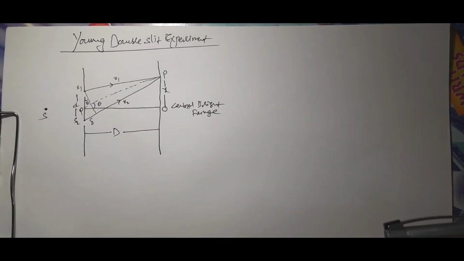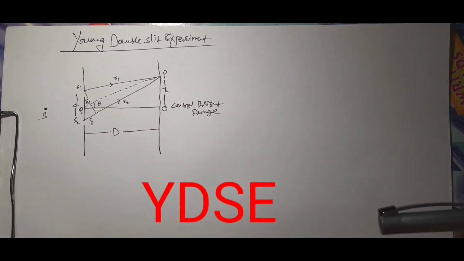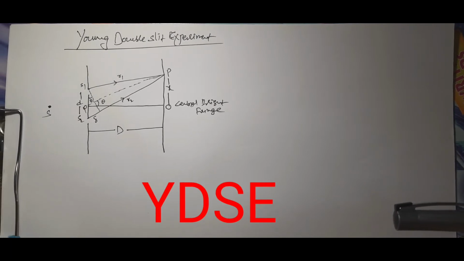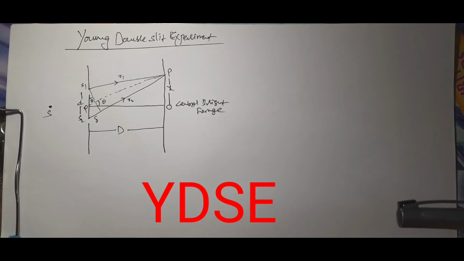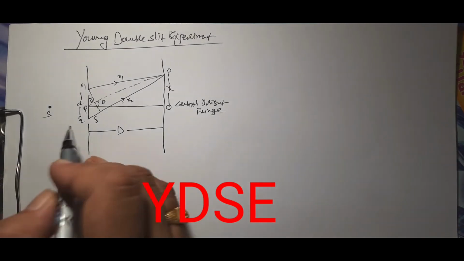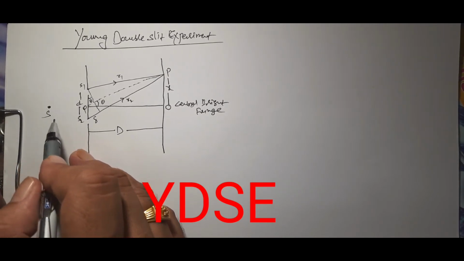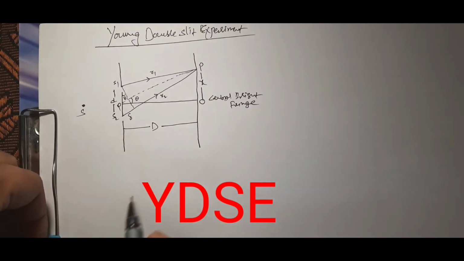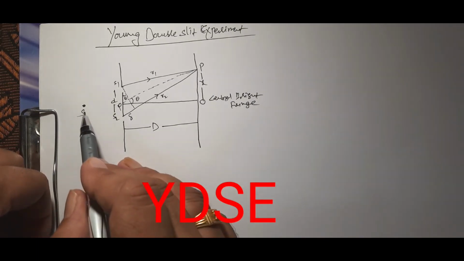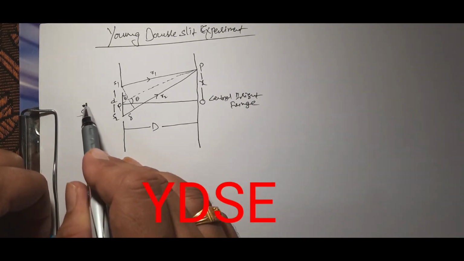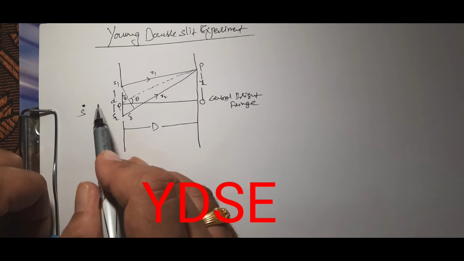So now we are going to discuss Young's double slit experiment, YDSE. Thomas Young performed an experiment on the interference of light. This is a monochromatic source of light. It releases light waves.